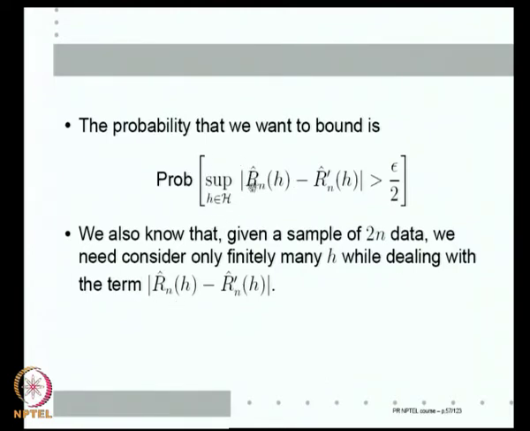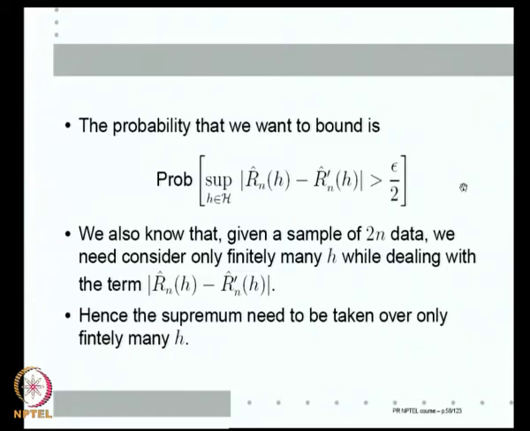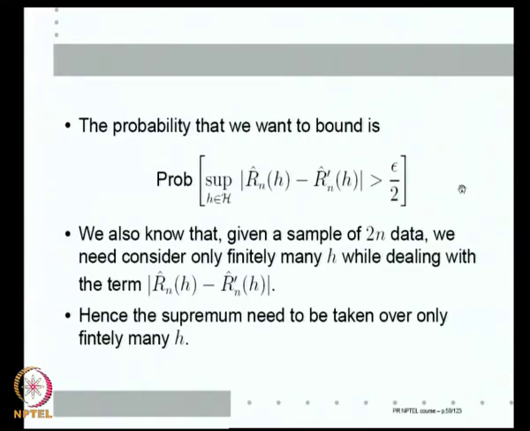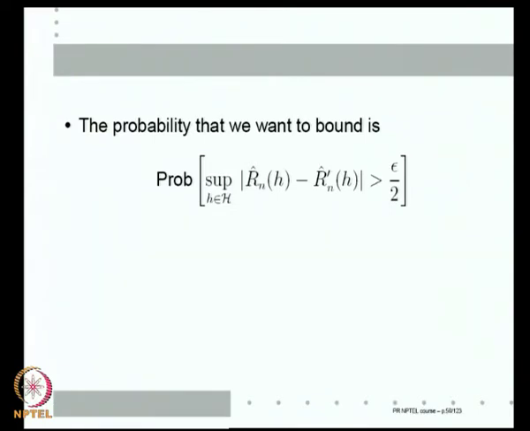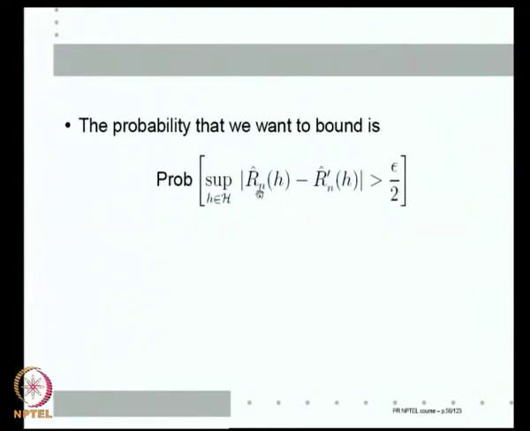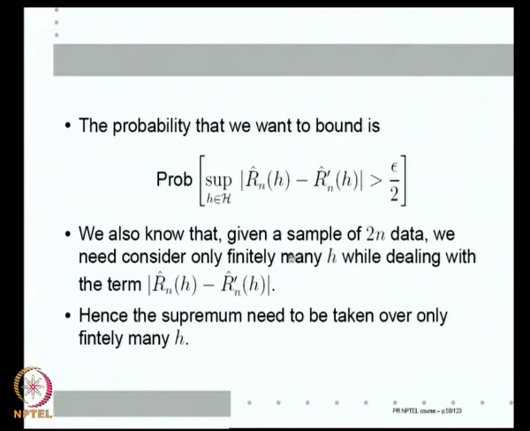So, I can take the supremum over finitely many h, and when I take the supremum over finitely many h, I think that I can put that finite number on the right hand side, okay. And the supremum needs to be taken over only finitely many h. The real catch, everything so far looks very nice. So, basically it looks like I have for one h I have this, right, and I want the supremum, and the supremum needs to be taken only over finitely many things. So, I can just use that bound and put that number there.